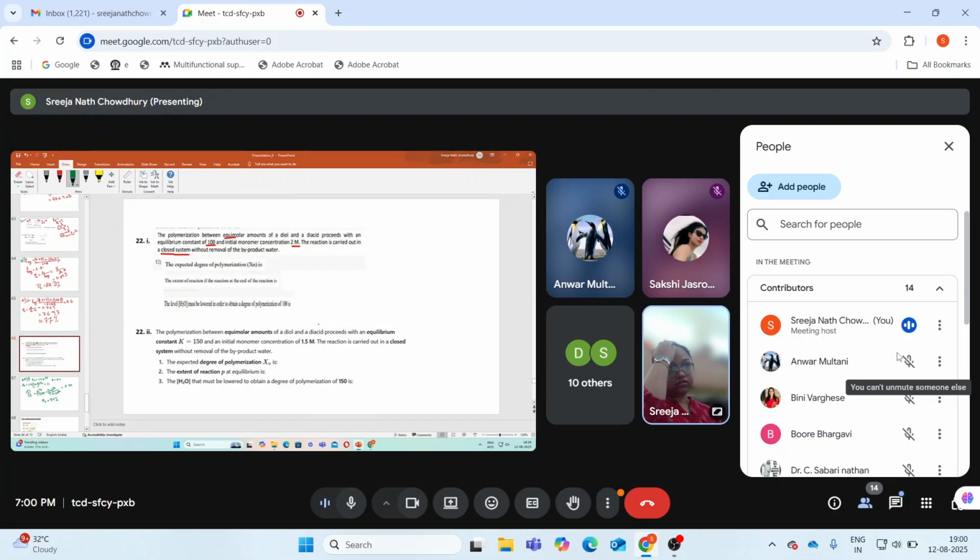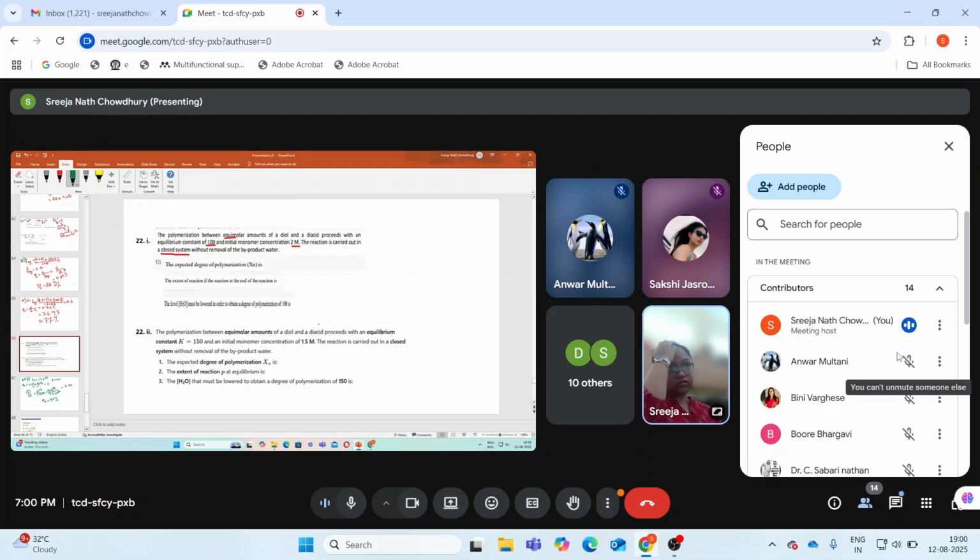For disproportionation, the initiator per chain is 1 and for combination initiator per chain is 2. This is the catch. So this is a termination reaction, and this is the rate of polymerization reaction.